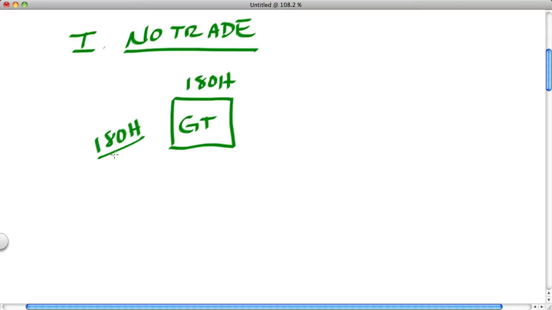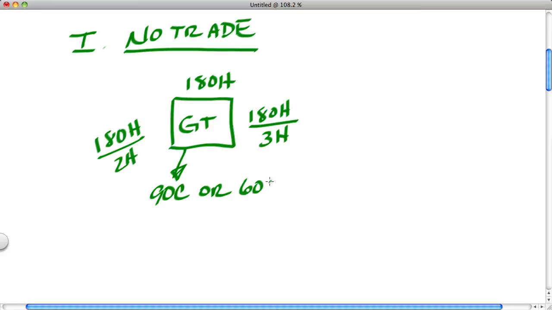How so? Well, 180 hours divided by 2 hours, which is her cost of producing corn, leaves her with 90 units of corn. Or she could devote the 180 hours to tomatoes. At 3 hours a tomato, she could make 60 tomatoes. So Greenthumb can produce 90 corn or 60 tomatoes or some combination in between.